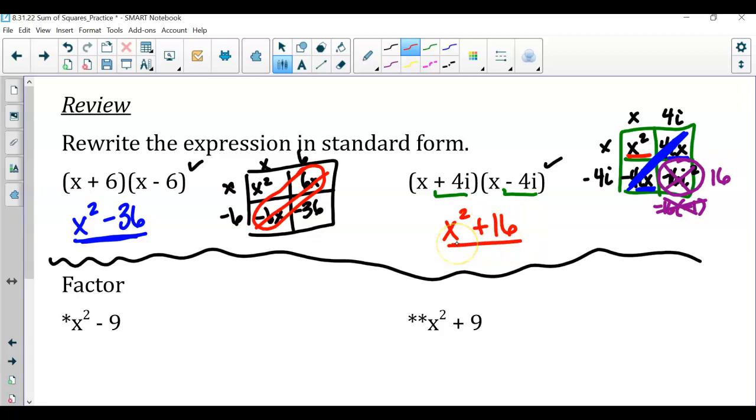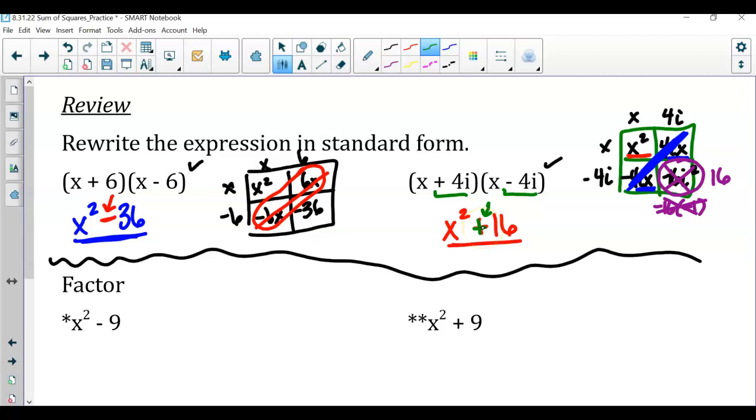So notice here when we were multiplying our two good old binomials, we ended up with a difference of two perfect squares because we're subtracting, versus in this one, we multiplied two complex numbers with our two imaginary parts here, and we ended up with a sum of two perfect squares because now we ended up adding.